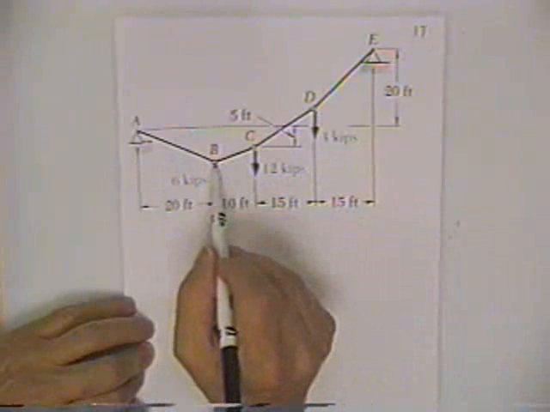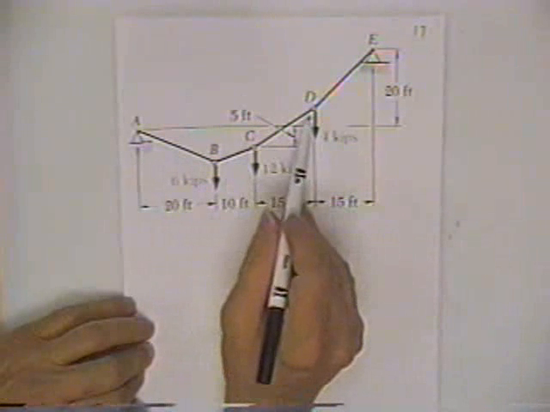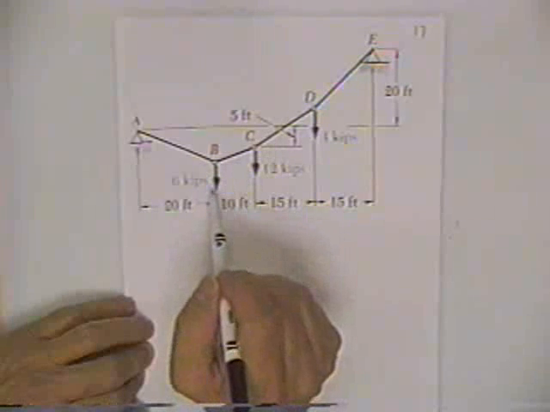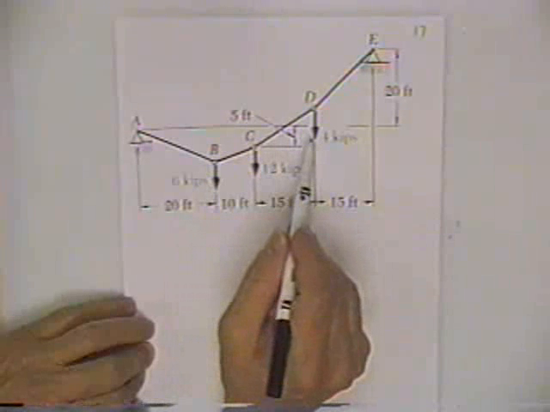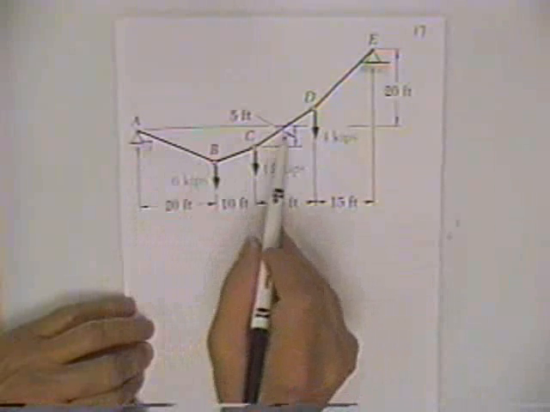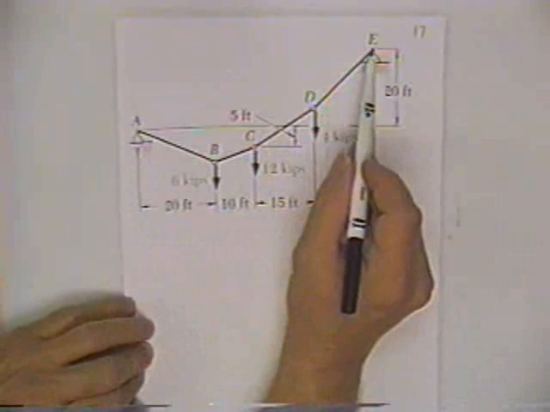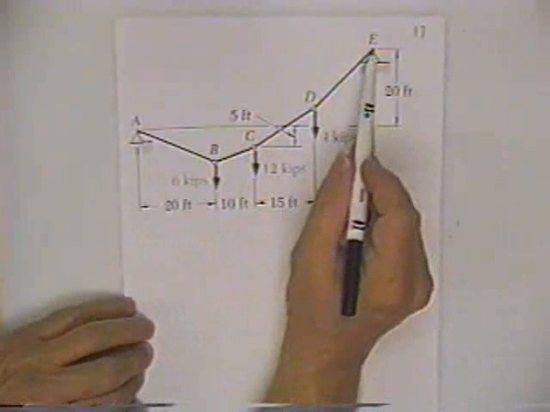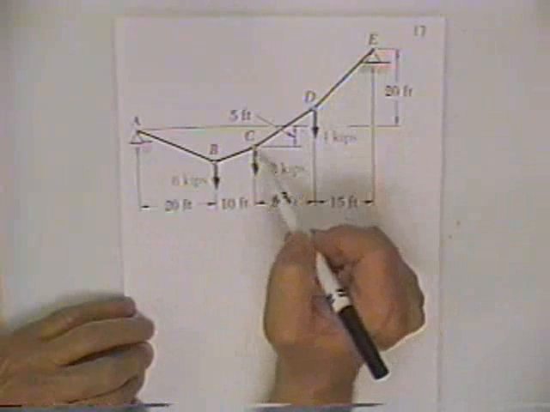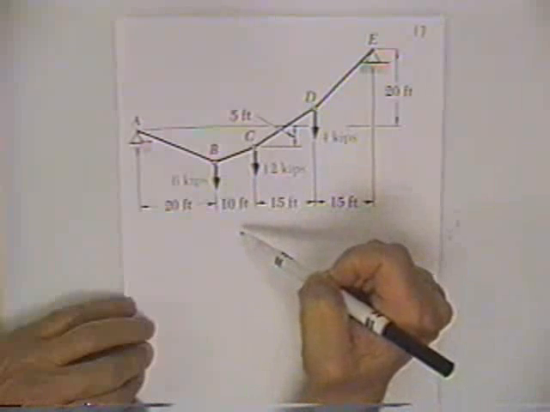Now, where point B and point C and point D would be depend on two things. They depend on how much force you apply to the cable, and also how long the original cable is. As you might imagine, if this guy up here at E fed in another 30 feet of cable, all of these points would drop down.